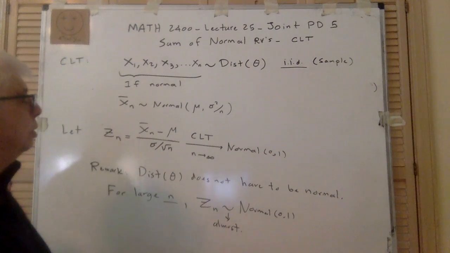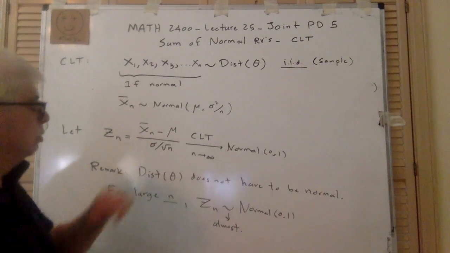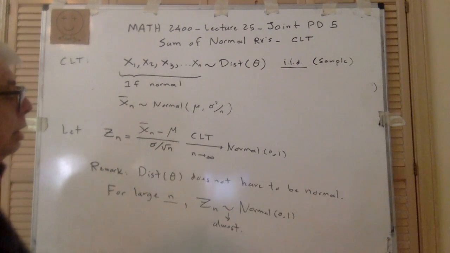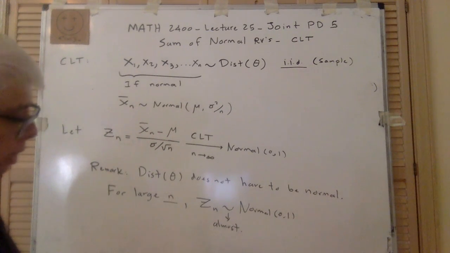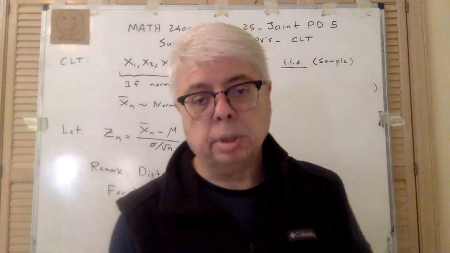But if we can find the mu and sigma, then we subtract and divide, and this is almost normal.